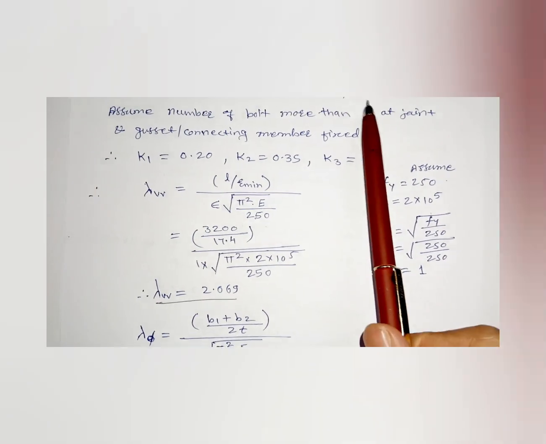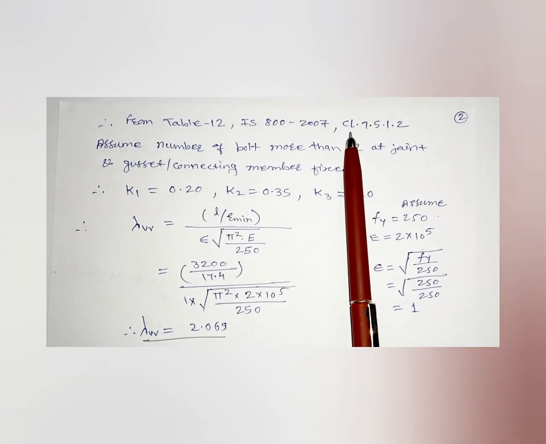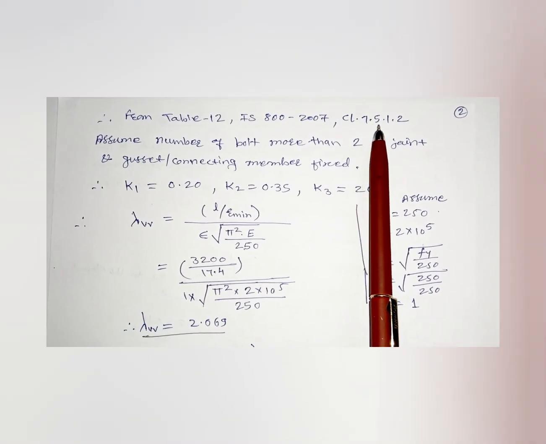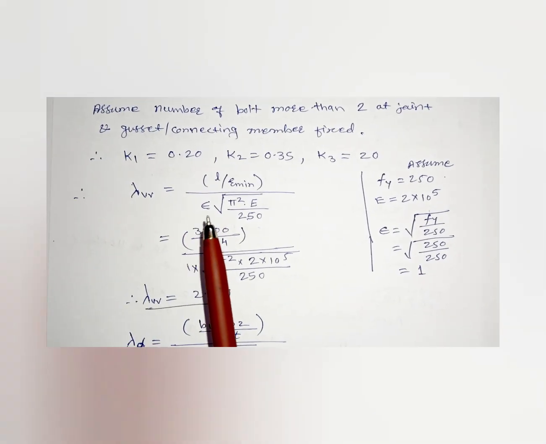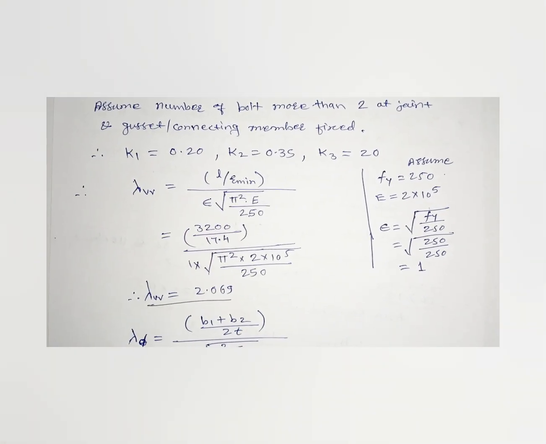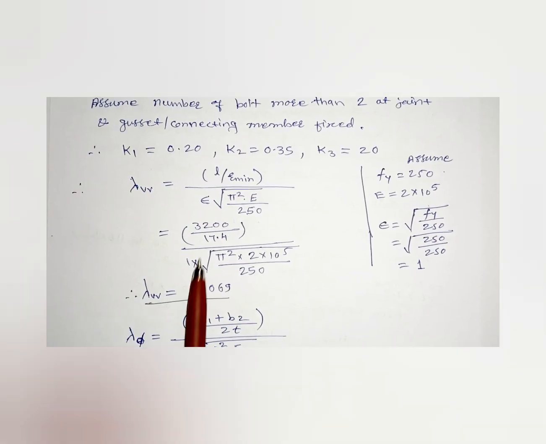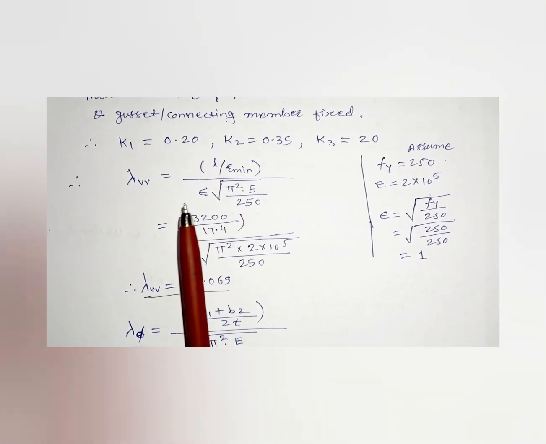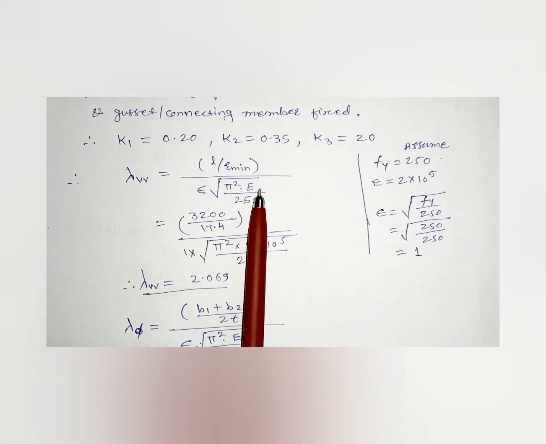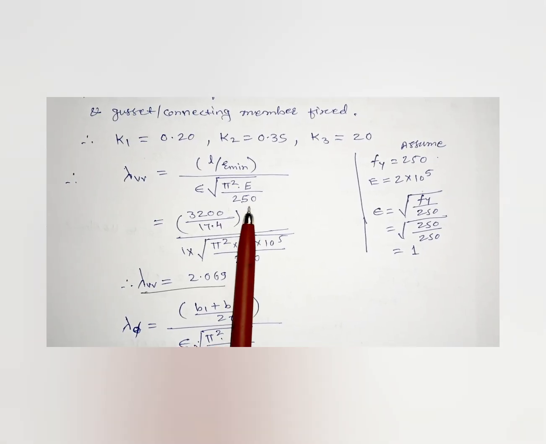So the IS code, as we discussed, clause number 7.5.1.2 gives the effective non-dimensional slenderness ratio from this formula: L upon r minimum under root pi square E divided by 250.